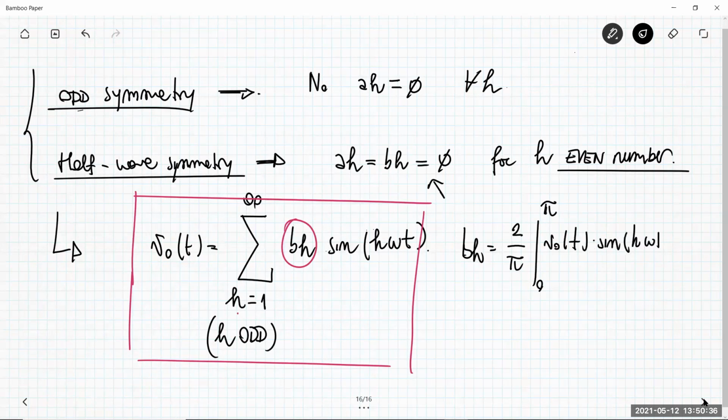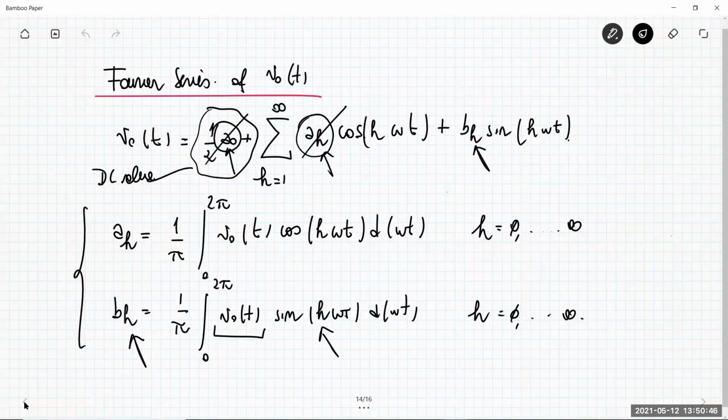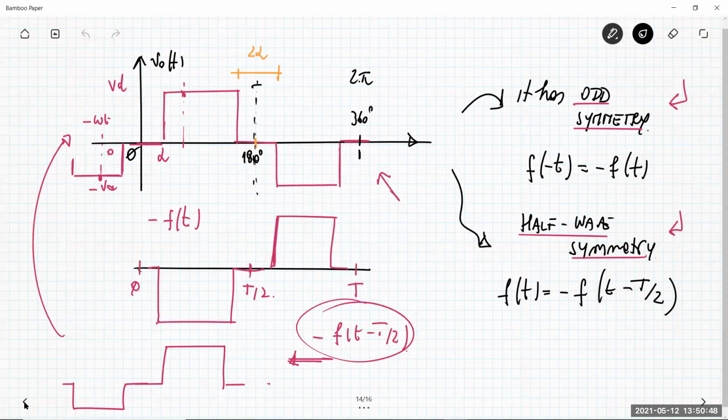H omega t, d omega t. Now this integral for BH is extended just over half the period, up to here. But in this interval there are two intervals in which the function V naught is null. So my integral just needs to be extended between alpha and p minus alpha.